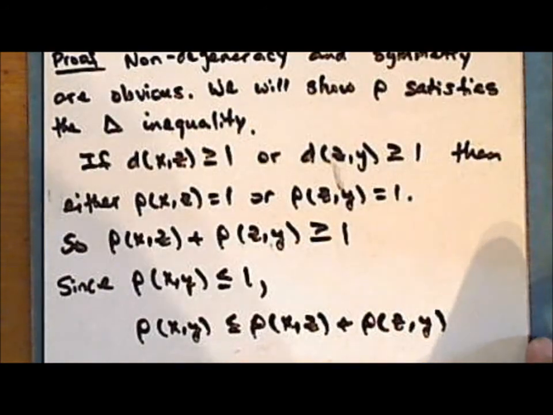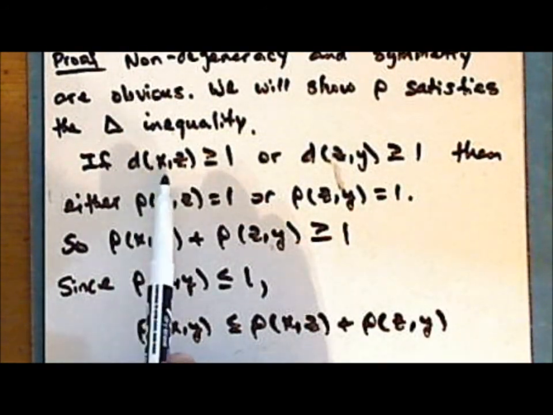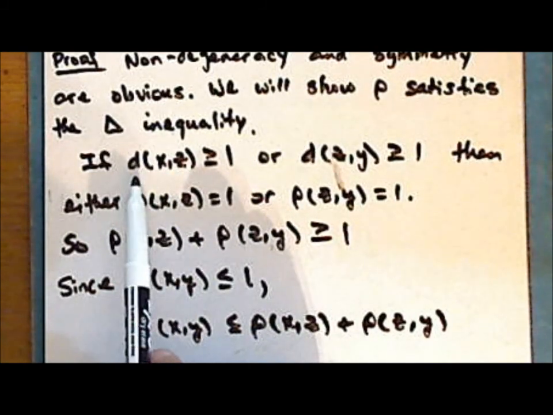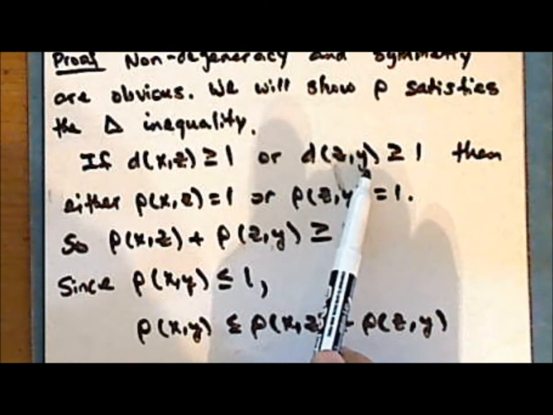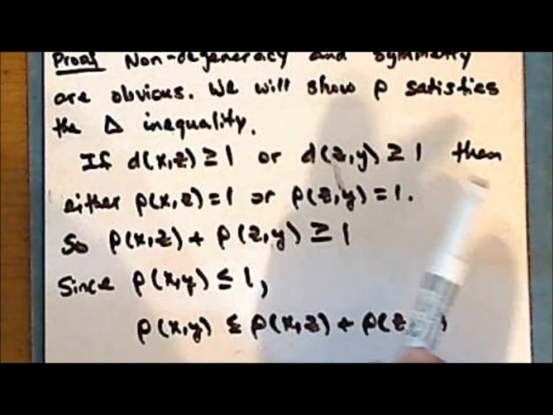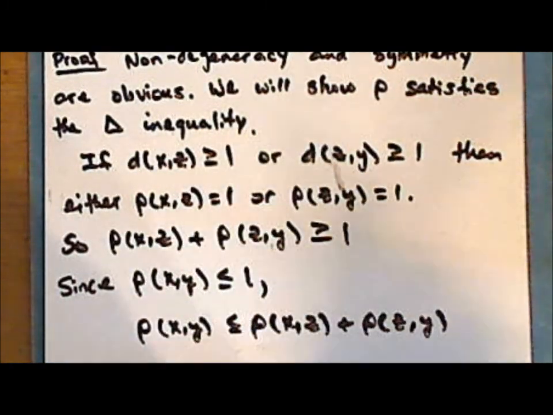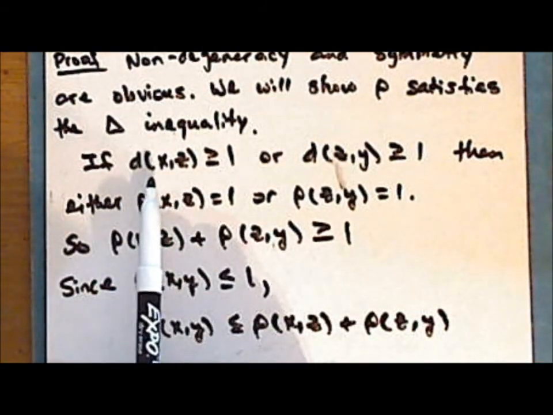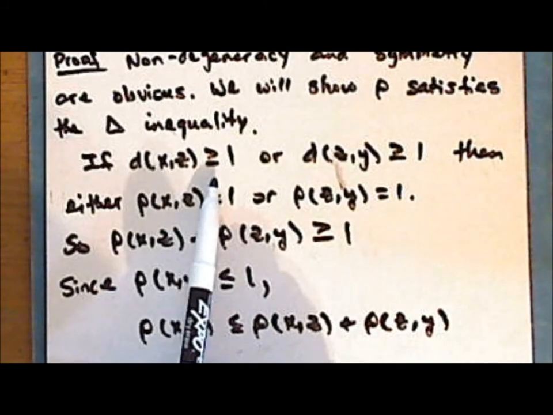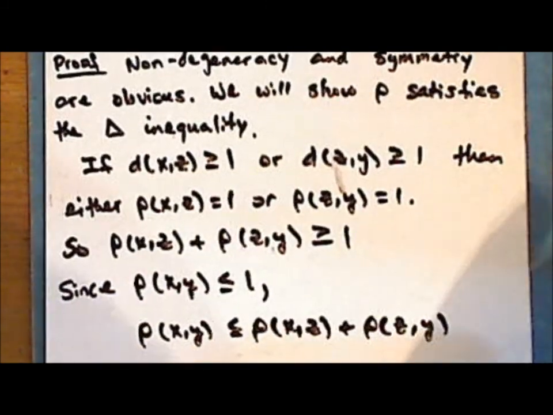So we looked at several cases at once in this statement. If either the distance from x to z under the metric D is greater than or equal to 1, or the distance from z to y under the metric D is greater than or equal to 1, then the triangle inequality holds. So now we have to look at the case where both the distance from x to z is less than 1 and the distance from z to y is less than 1.